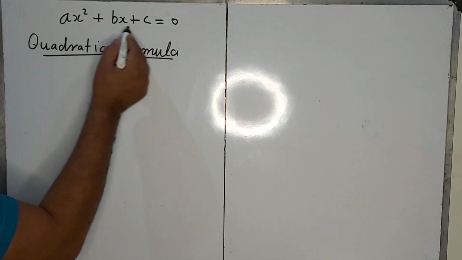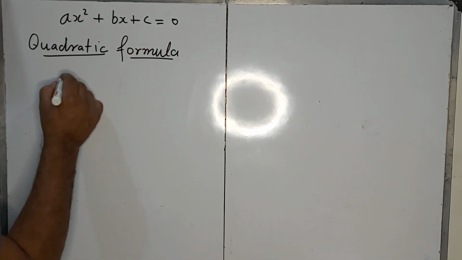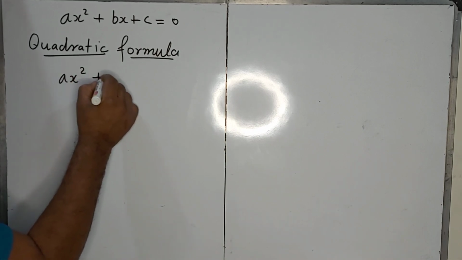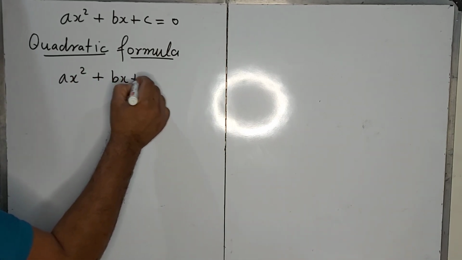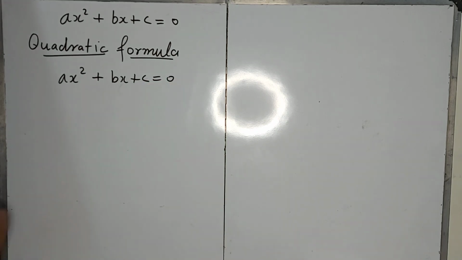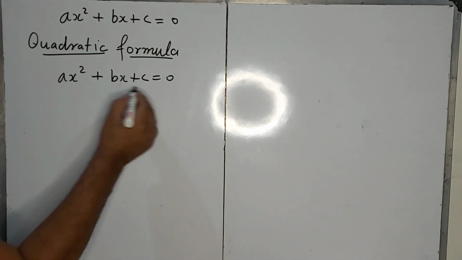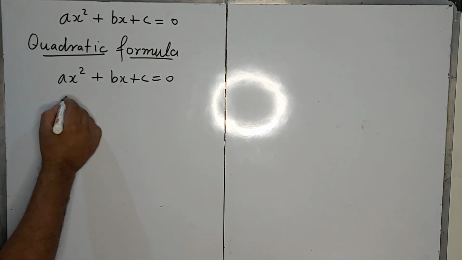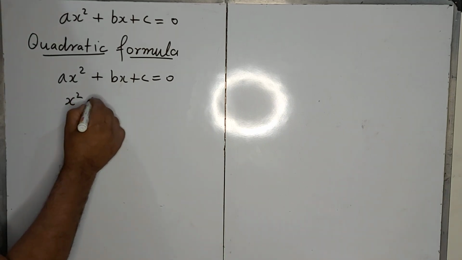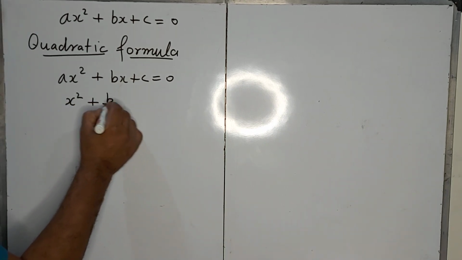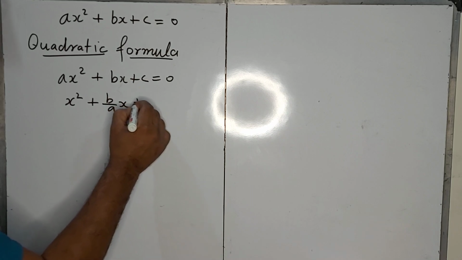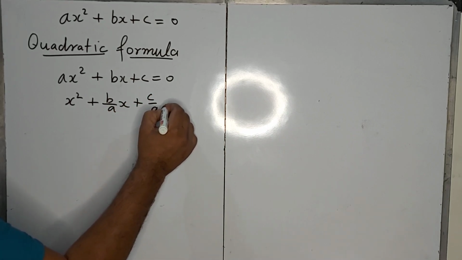We take this equation ax square plus bx plus c equal to 0. Divide this equation by a, then you get x square plus b upon a x plus c upon a equal to 0.